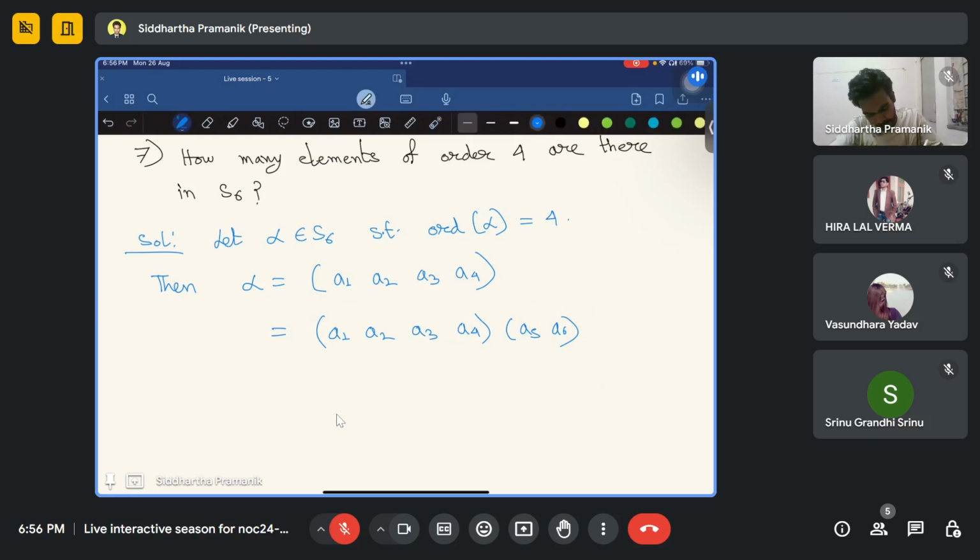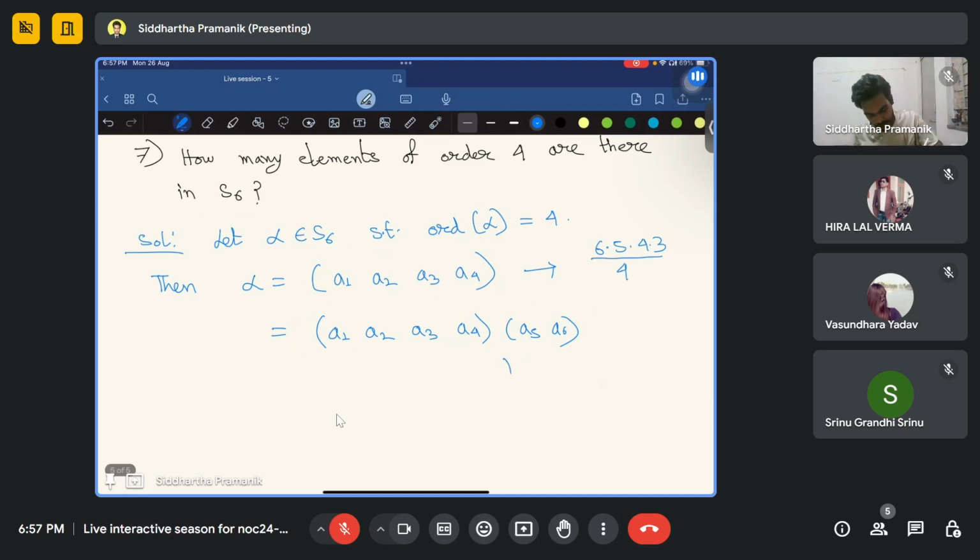In this case, how many elements of this type are there? This has 6 choices, this has 5 choices, this has 4 choices, this has 3 choices. And this 4-cycle can be written in 4 ways, because you can start it with A2 or A3 or A4 also. So this is 6 times 5 times 4 times 3 by 4.